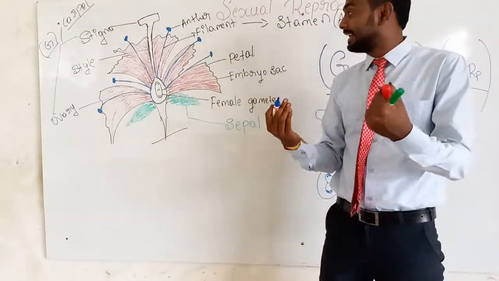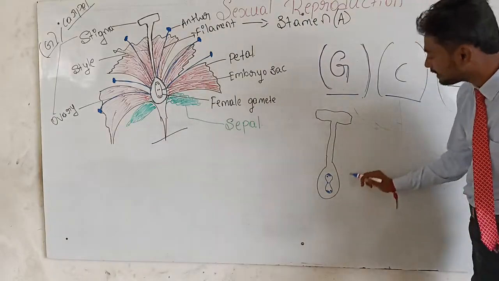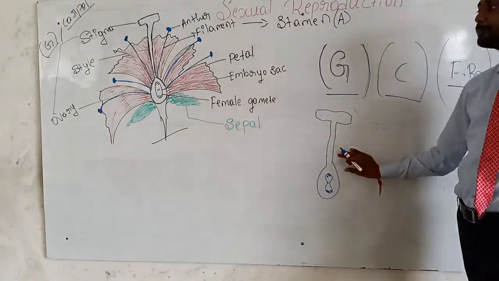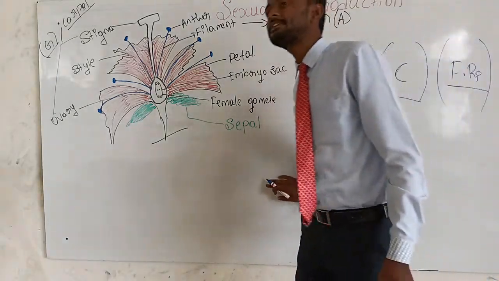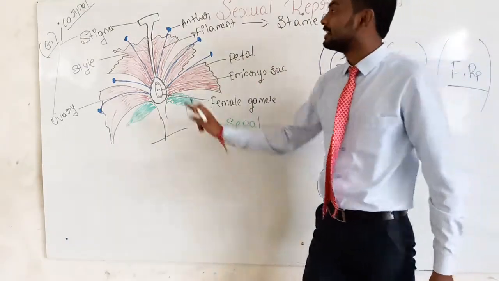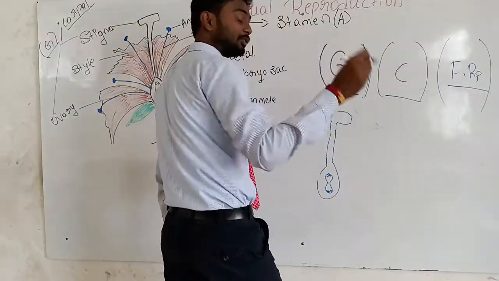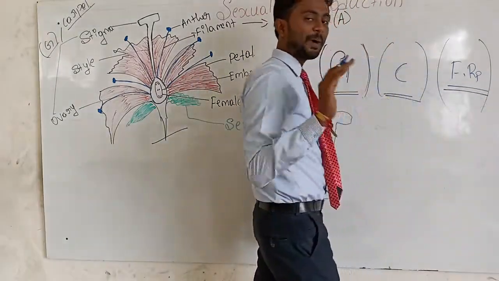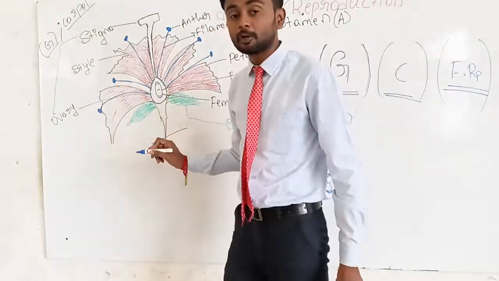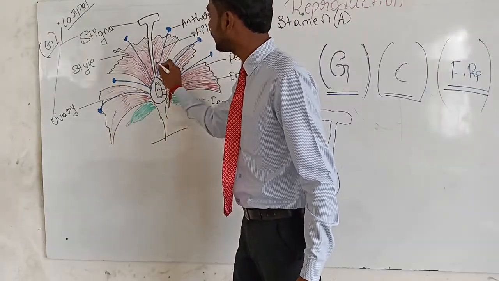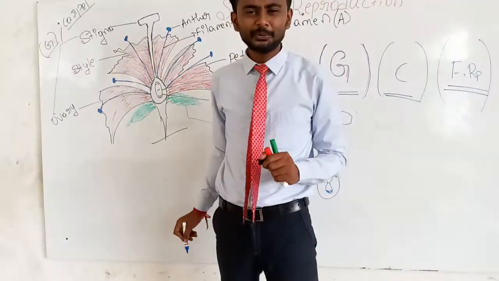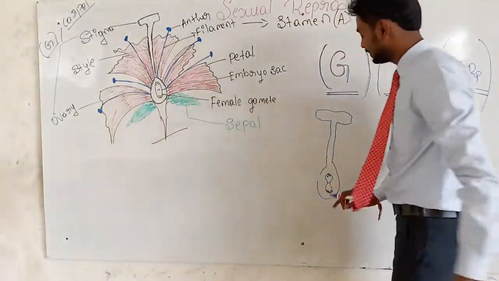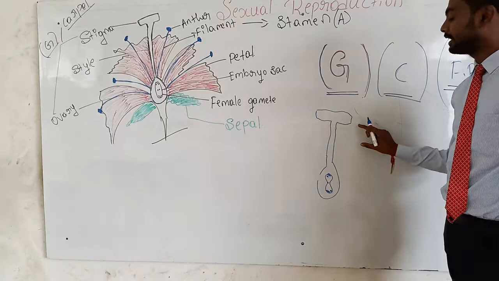I am taking that part outside, and it looks like this. Clear all of you? Which one is the female reproductive part in the flower? That is the gynoecium, also known as the carpel, the female reproductive part.